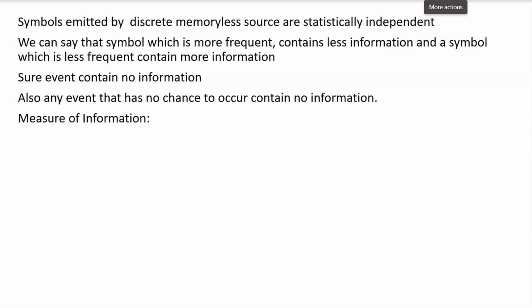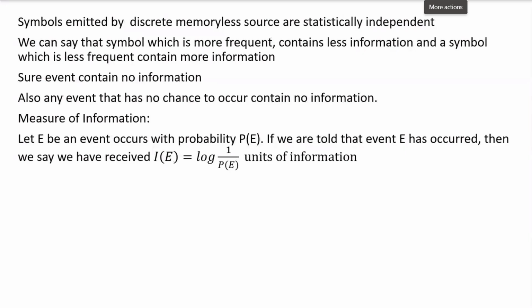Now we'll see how we can measure this information. The source emits symbols, but we need to measure it so that we can encode and transmit the signal. So, measure of information. Let us say we have an event E with probability P(E).